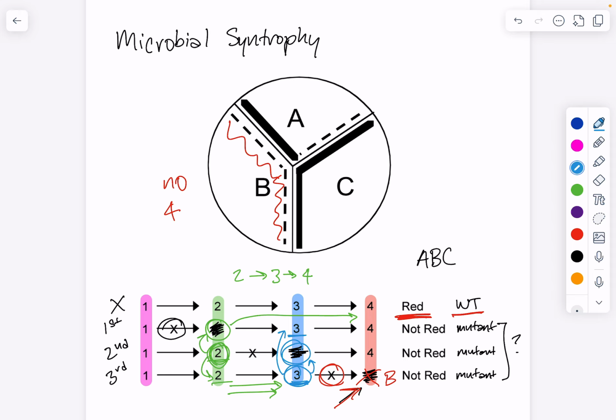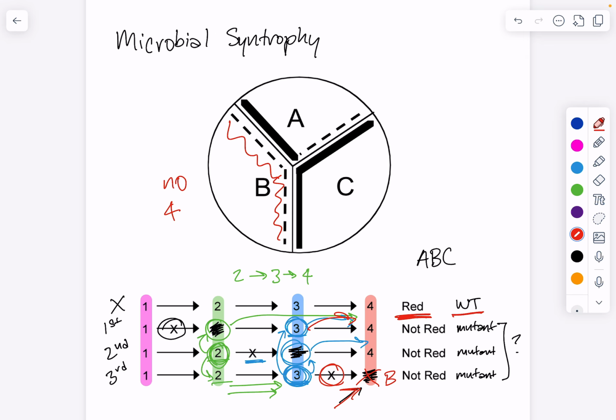The second strain, although it was missing the ability to make 3 of its own, can use the 3 from the third strain and then continue the pathway to make the red color. But even though the first strain is producing 3, because it's able to take it through to make its own red pigment, it is not being diffused out at all. That's because it's using it for itself to make that red.